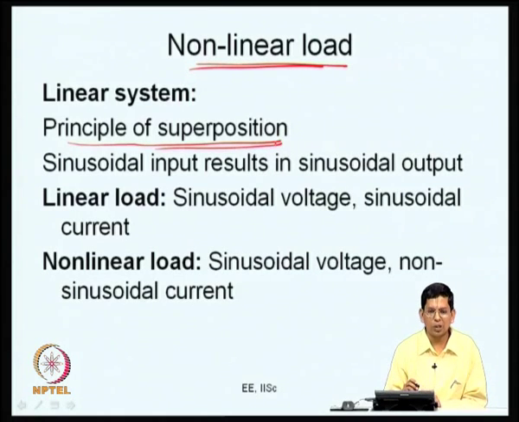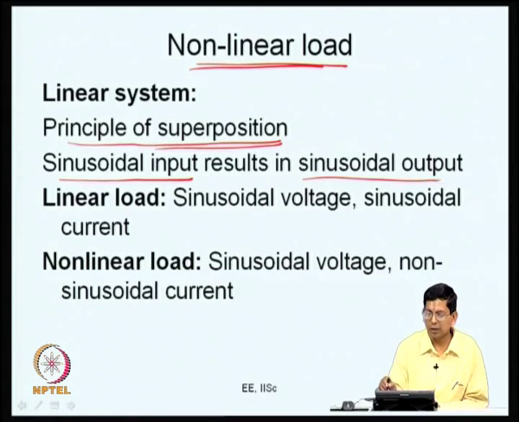This is when you talk about it in the time domain, with time varying signals as the input and output. You can also look at it in the sinusoidal or frequency domain. If the system is linear, a sinusoidal input should result in a sinusoidal output of the same frequency. The output wave shape should also be sinusoidal. If it is non-sinusoidal, it means it is not one frequency but several other frequencies.